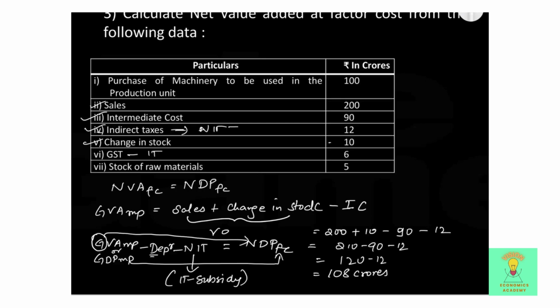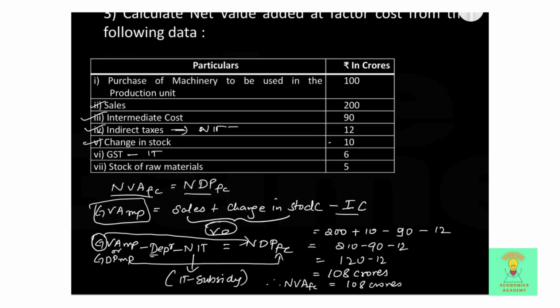Now, therefore, NVAFC is equal to 108 crores. All right. So let me explain this. NVAFC and NDPFC is similar. GVAMP we can find out by value of output minus intermediate cost.